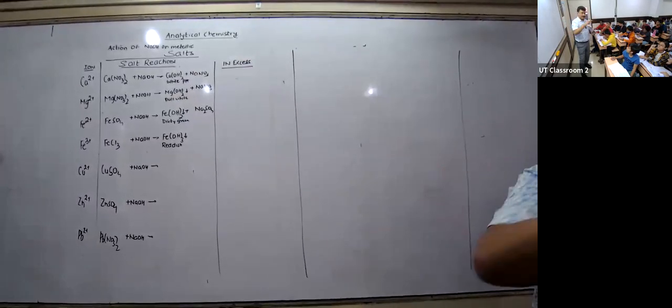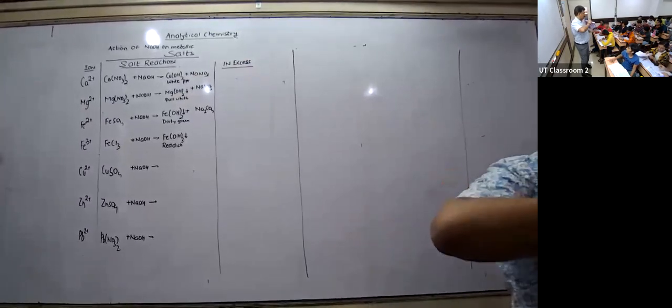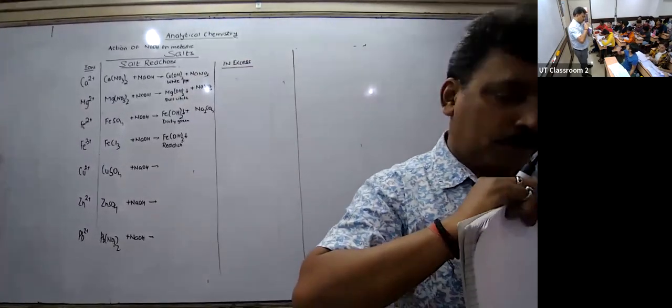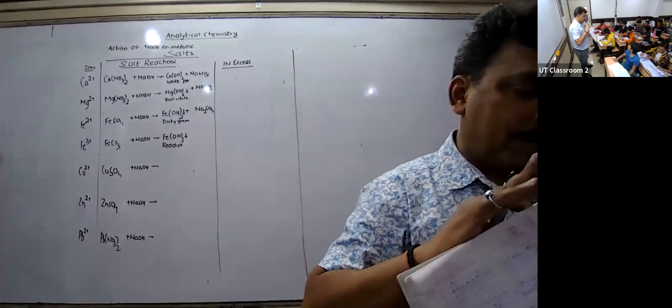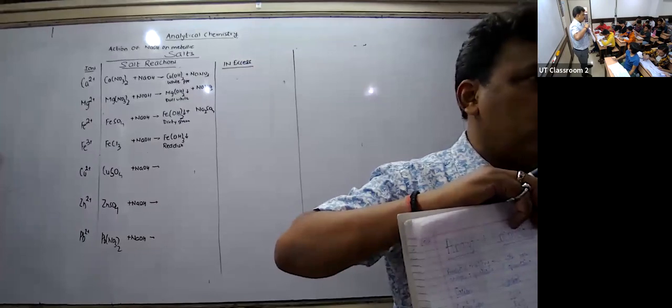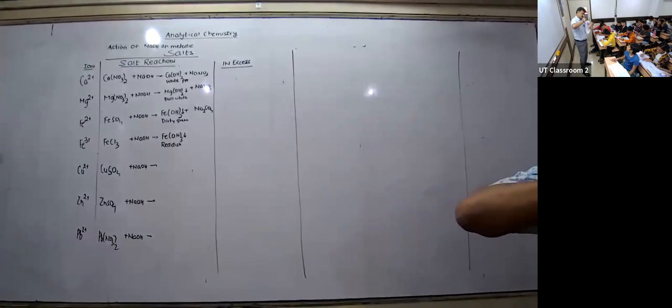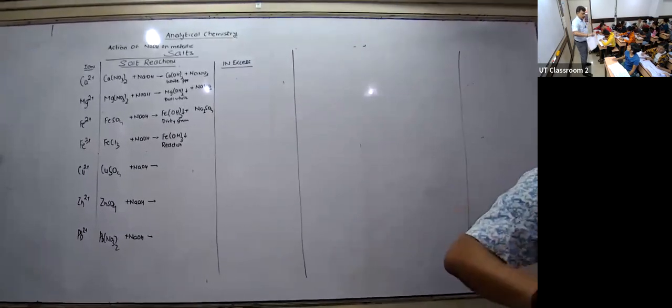After completing whatever I am writing, use both pages side by side. If this page is going vacant, the same thing you'll practice here later as homework, so that both pages are side by side, just for convenience of studying.